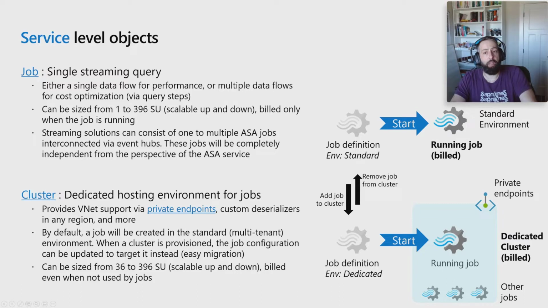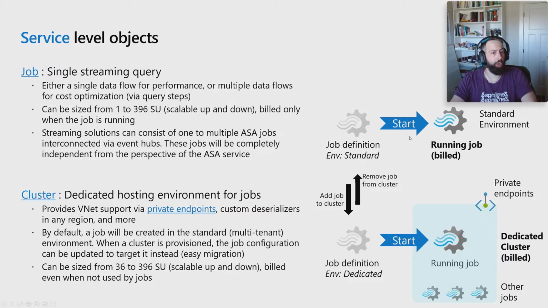The second artifact object that we have is the cluster. We only have two objects, job and clusters. And it's basically just a hosting environment. So if you need VNet support, or if you need a single tenant, dedicated environments, that's the solution we offer. And it's just a property of a job.